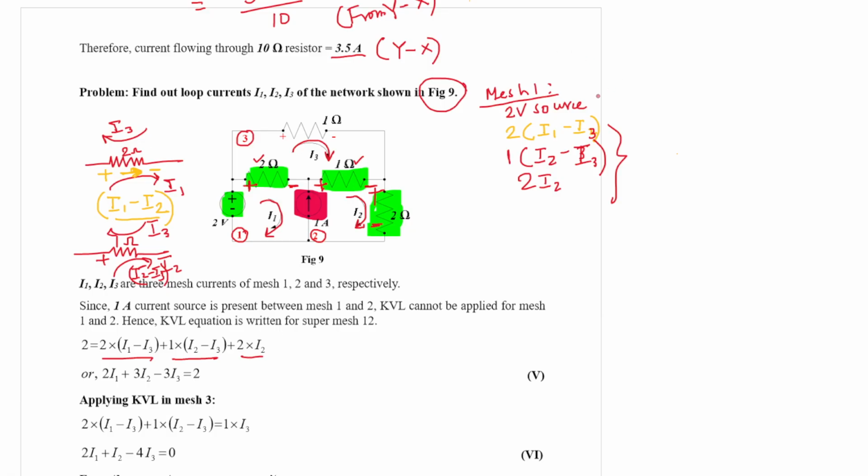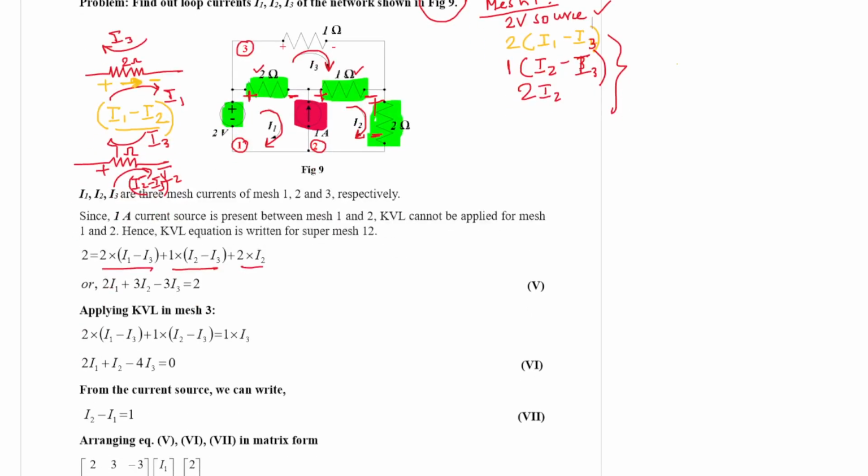This 2 volt source is of subtractive polarity, you see, minus plus, plus minus. So we can set the summation of all these three equal to 2. Now if you solve this, you get the equation 2I1 plus 3I2 minus 3I3 equal to 2, which is given by equation 5.